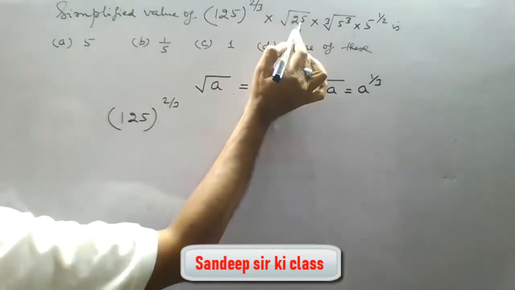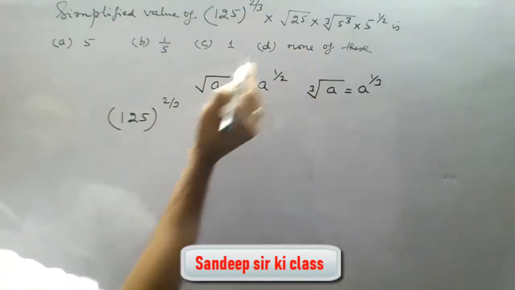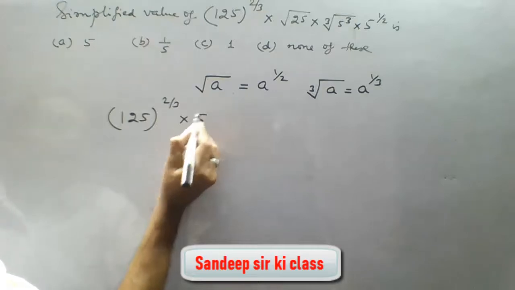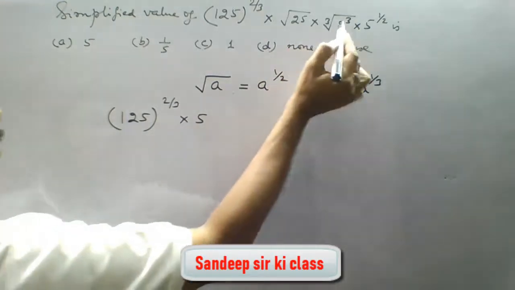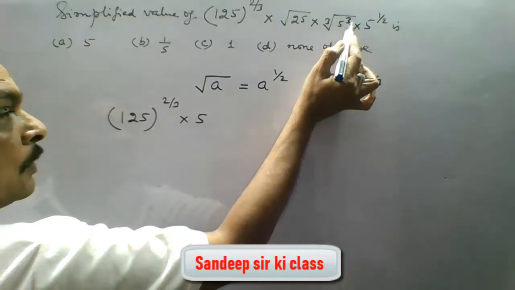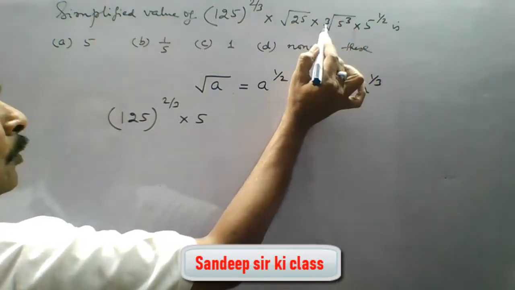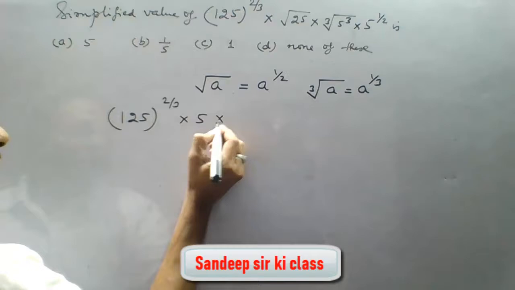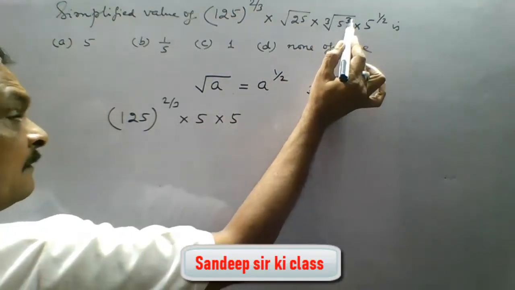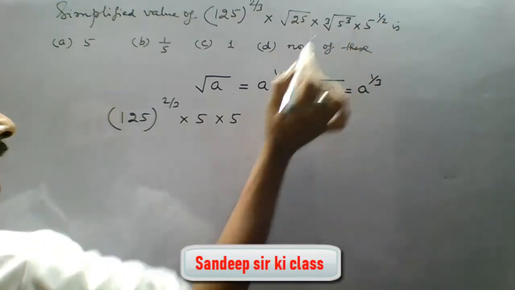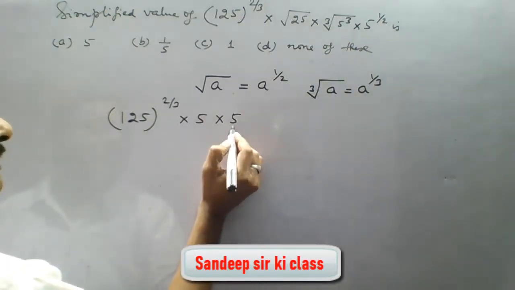Second is under root 25 and we know this means 5, because under root 25 is 5. Now 5 to the power 3, then cube root of it means 5, because power here will become 3 by 3 which is 1. 5 to the power 1 is 5. So we directly write it as 5.